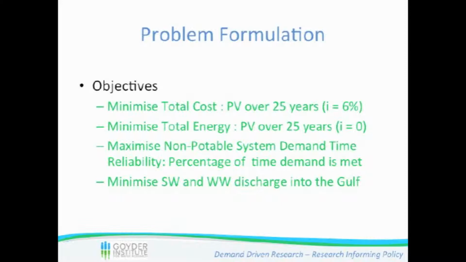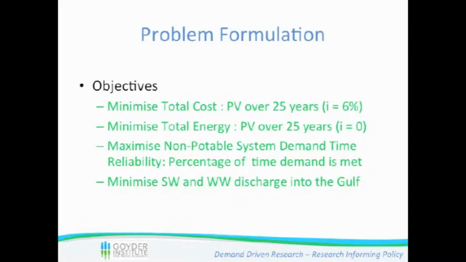In our case, we considered 4 objectives: minimisation of present value of cost over a 25-year period. That included the capital cost of new projects, but not anything that was already built, and operating cost for all systems. The total energy used over a 25-year period is the second one.